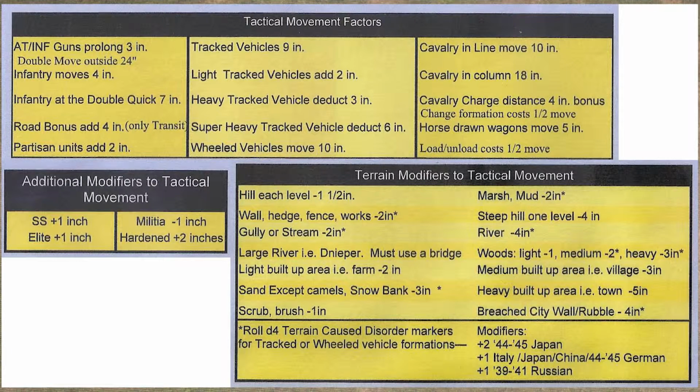So the movement is essentially fairly simple. Remember all the time that this is based on large formations moving over a substantial amount of time, half an hour, an hour. So movement is much more determined by the combat effectiveness of the force and how it's coordinated on the battlefield.